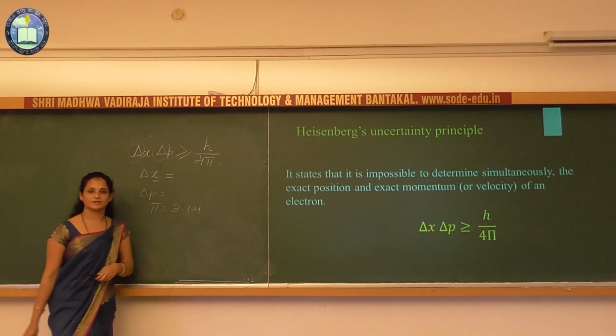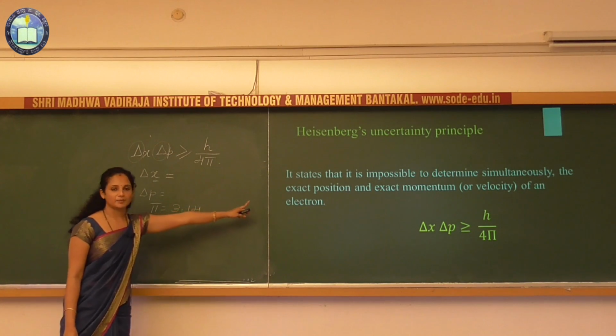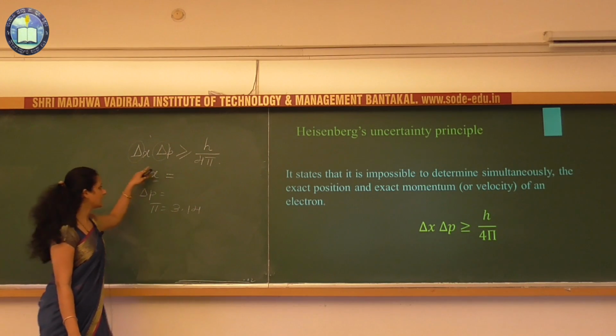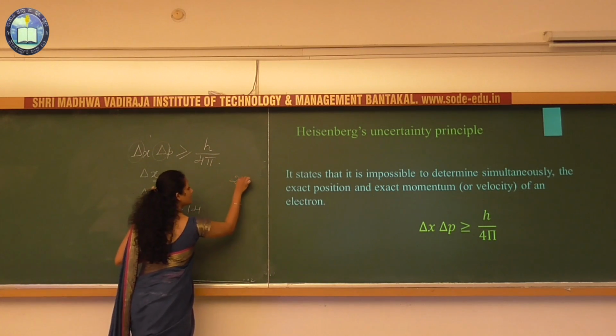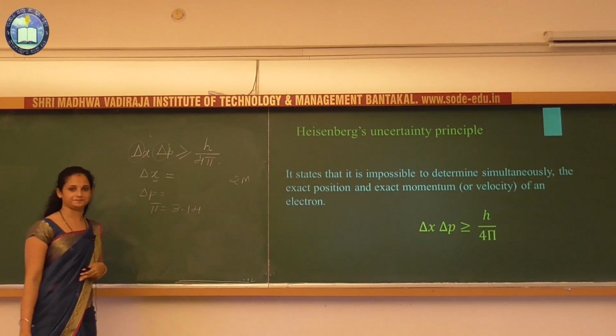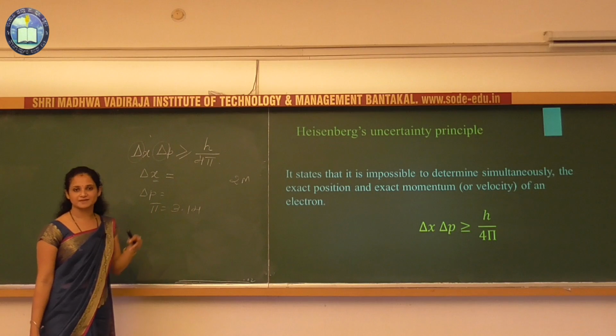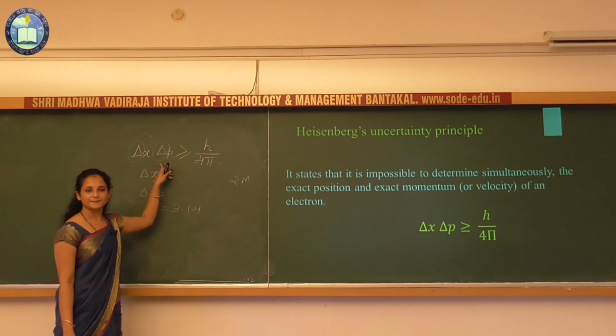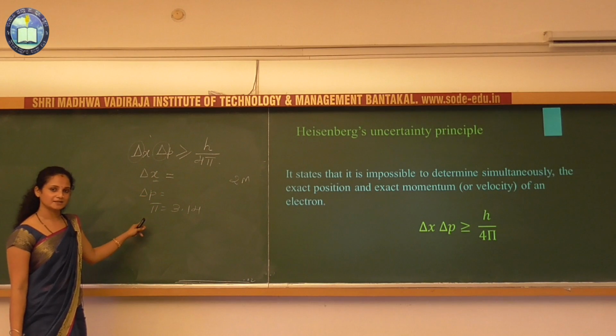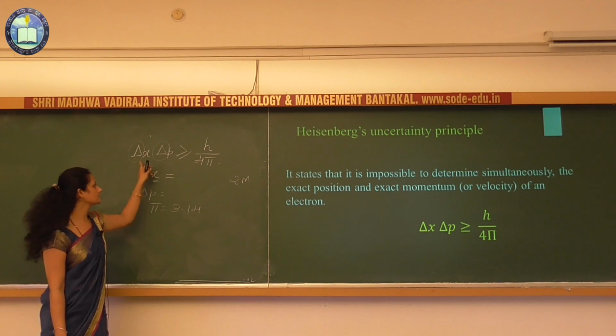H is Planck's constant. So students, remember the statement as well as the mathematical expression, very important for a 2 mark question. Either state Heisenberg's uncertainty principle for 1 mark or write the mathematical expression and explain the terms. You have to explain these terms.